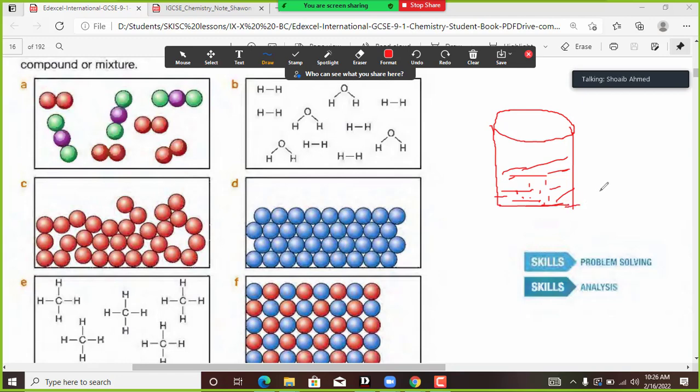Which process? Sand is solid and water is liquid. How can you separate a liquid and a solid?